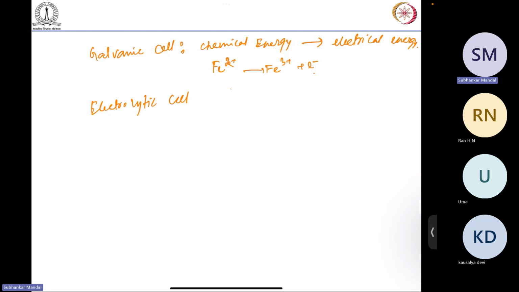Due to this chemical reaction you are getting the current. That kind of cell is called a galvanic cell. And what is an electrolytic cell? In an electrolytic cell, electrical energy is converted to chemical energy.